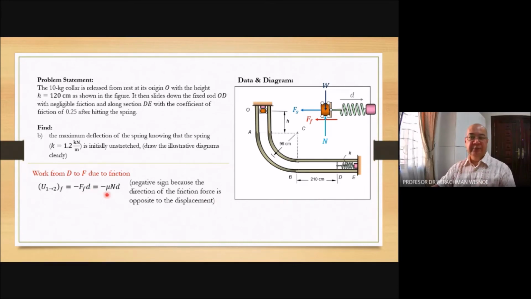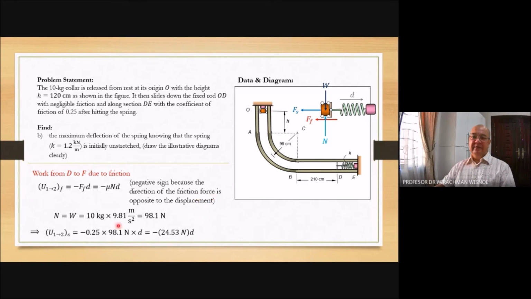Friction is mu times N. Mu is the friction coefficient, 0.25. N is the reaction from the floor, which in this case is equal to W but opposite in direction. So we have 98.1 newton. You have the work from 1 to 2 due to the friction.